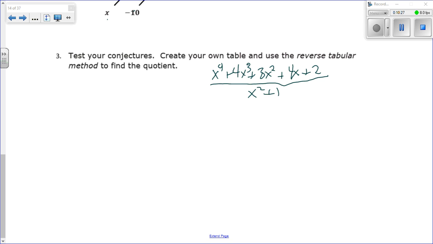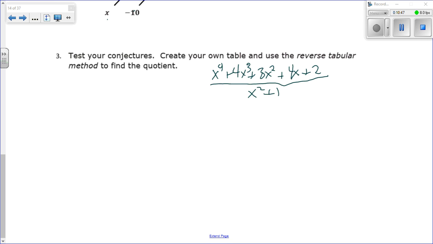All right. The one thing we need to make sure of is that we always have places for every variable starting from the highest power going all the way down. And I'll explain that a little bit more.